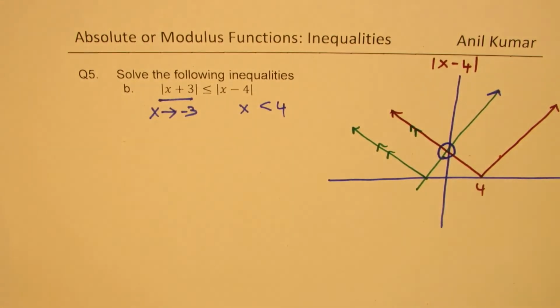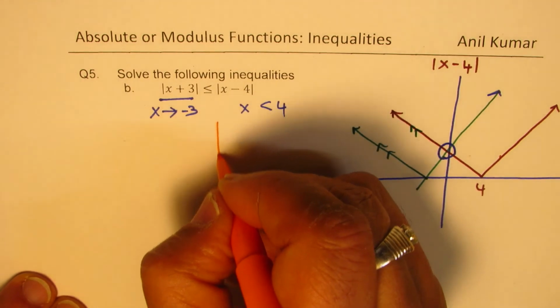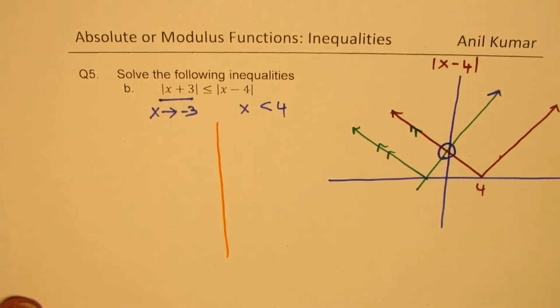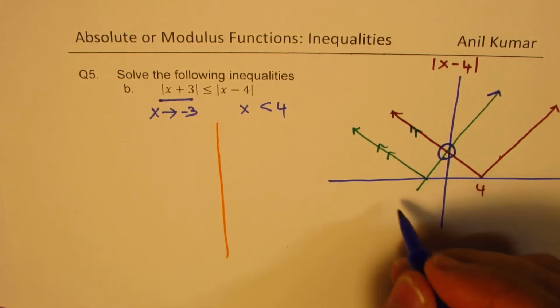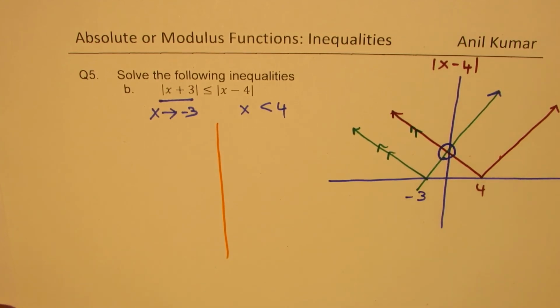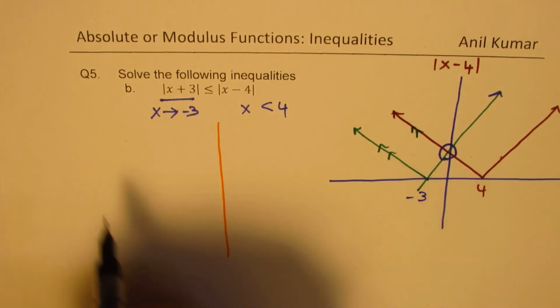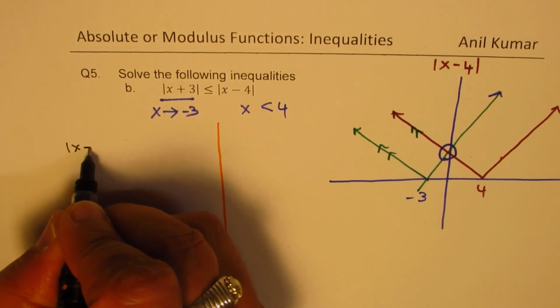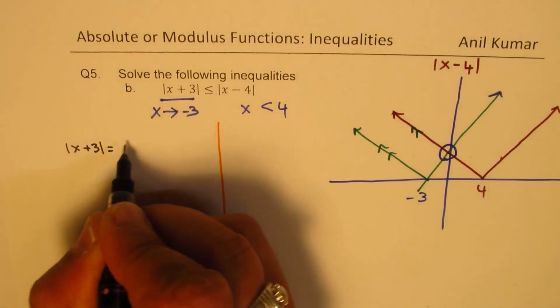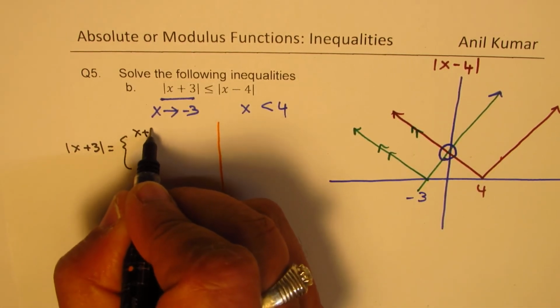Is that clear to you? So that means we have to only solve one inequality, right? And that inequality should be solved within this interval, correct? This point here is minus 3 for you, correct? So in that case, if we are talking about x greater than minus 3, then the absolute value of x plus 3 could be written as x plus 3.